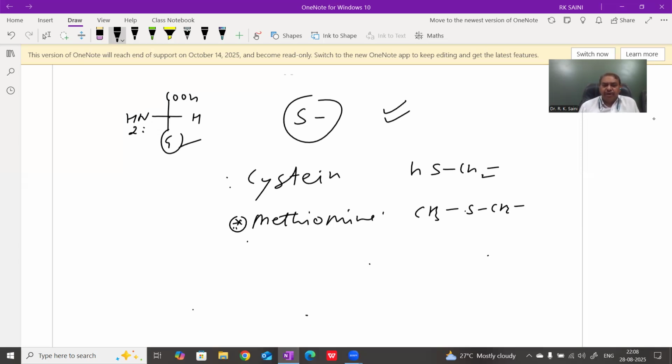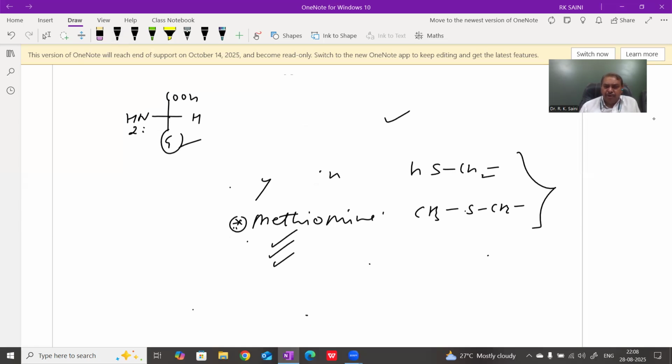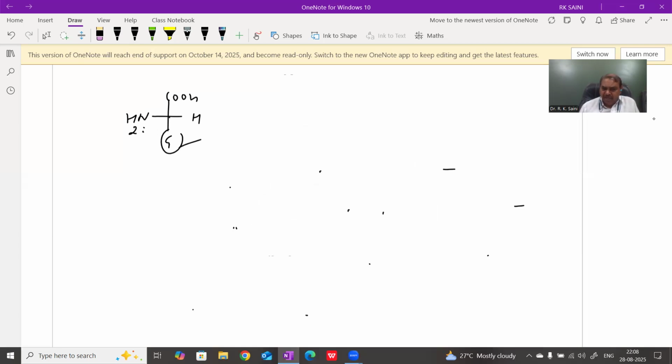Methionine is also an essential amino acid. Their single letter codes: cysteine is C and methionine is M.